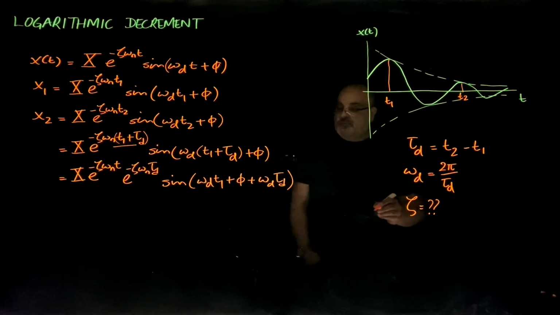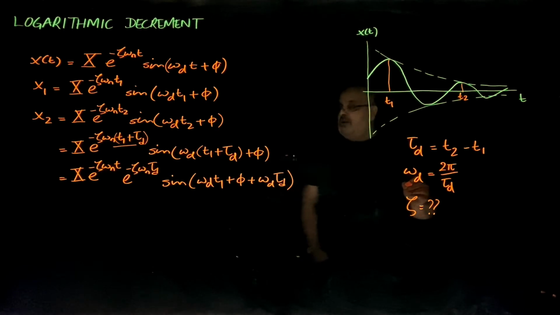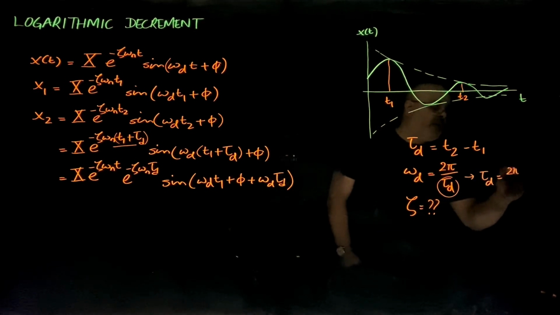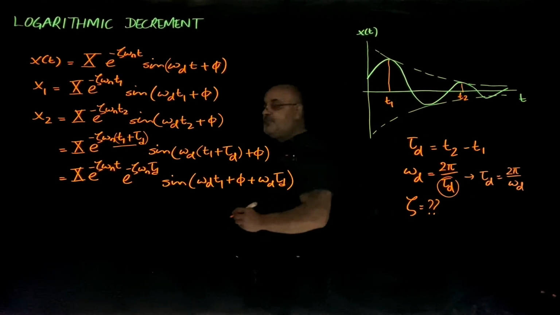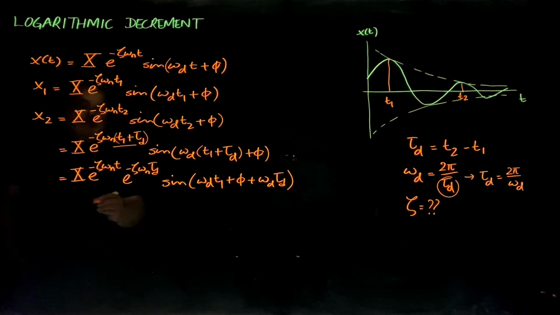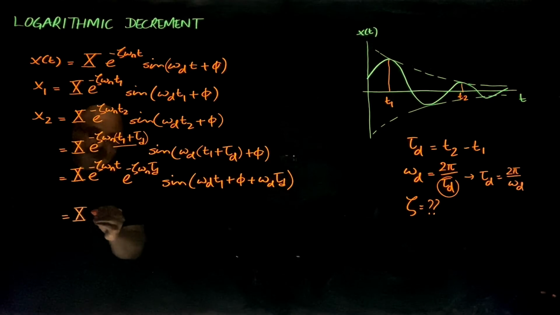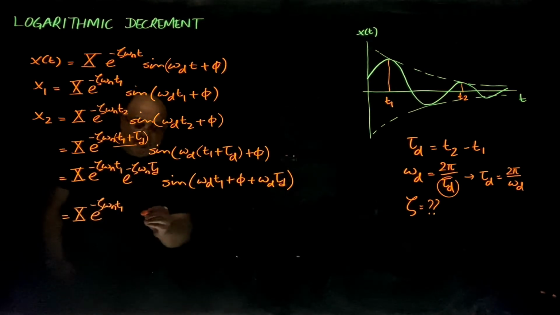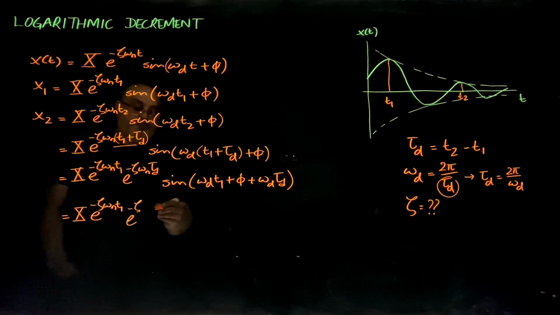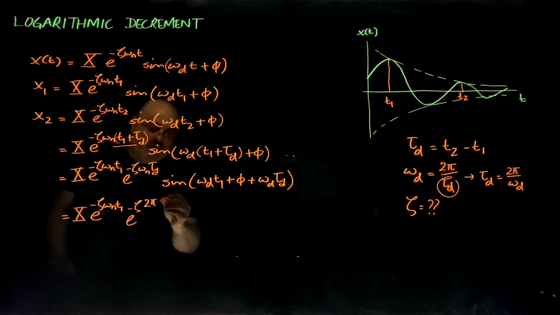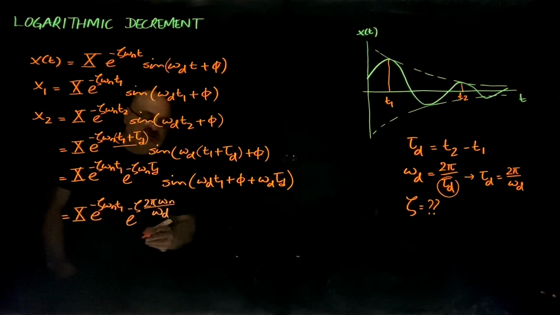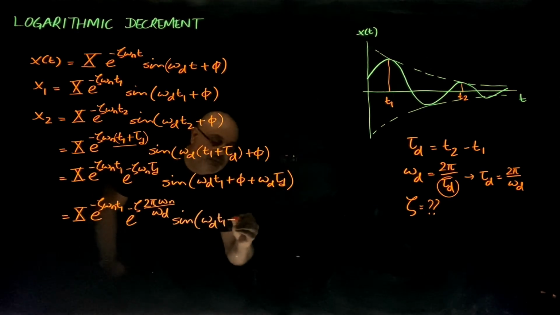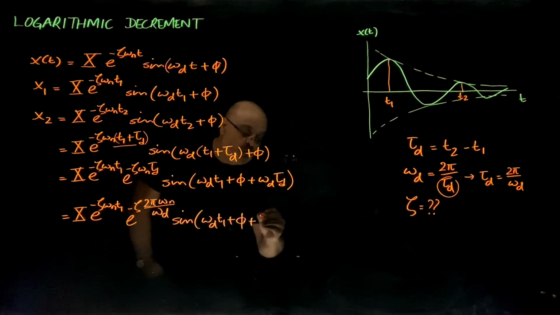Now, tau d here is 2 pi divided by omega d. So I will have X e to the power negative zeta omega n T1, e to the power negative zeta 2 pi omega n divided by omega d, sine of (omega d T1 plus phi plus 2 pi).